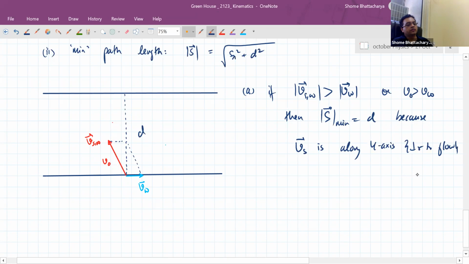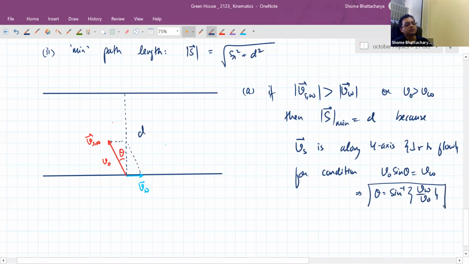Okay. For the condition that V0 sine theta balances VW, theta is sine inverse of VW divided by V0. I'll show this with a numerical example also.